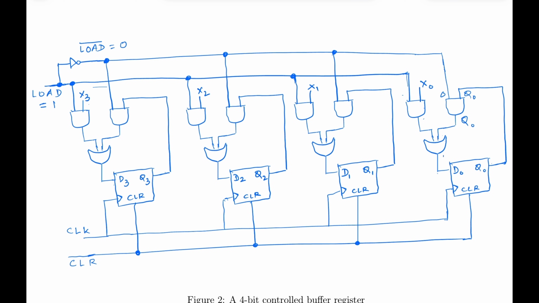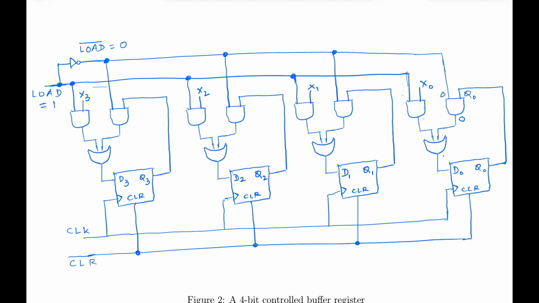And therefore this AND gate is inactive. So the output of this AND gate is 0 because one of the inputs of this AND gate is 0. So this is 0 here.